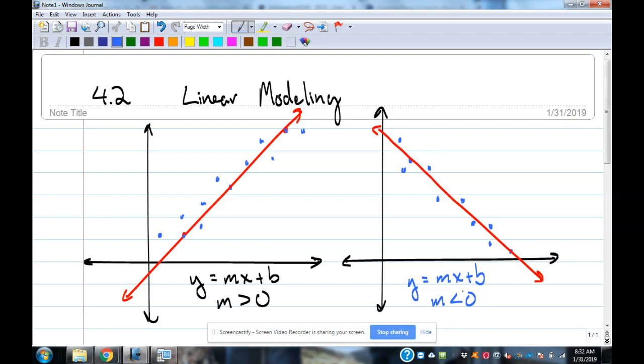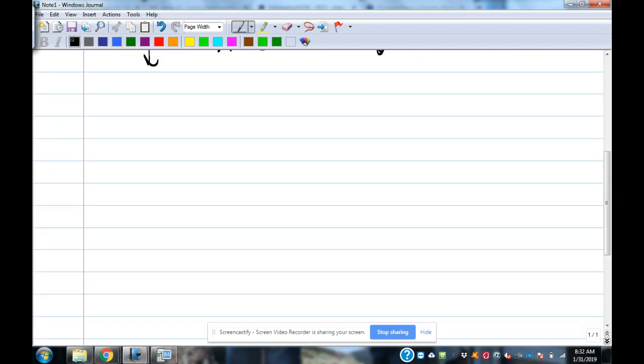But the idea here is that you can recognize a linear relationship based on a scatter plot, right? And then you can also recognize positive and negative slope. In the same way, you can recognize maybe this sort of thing happening.